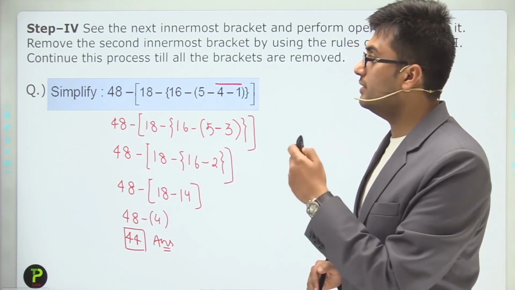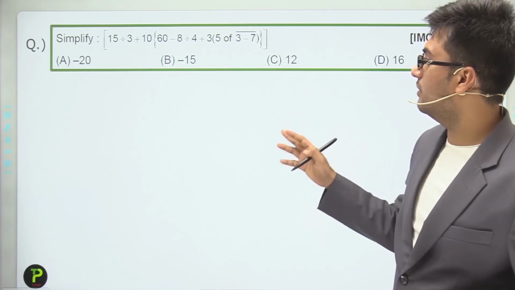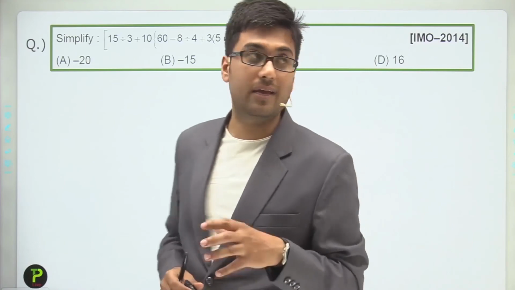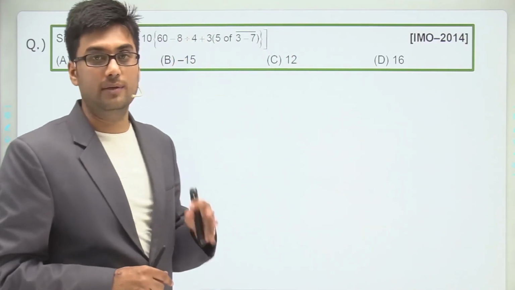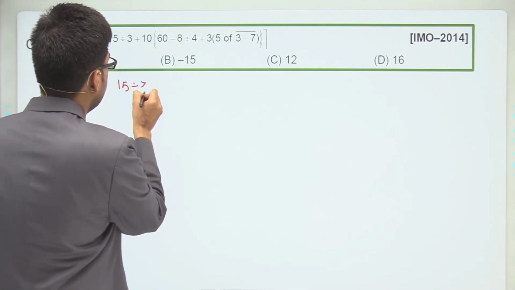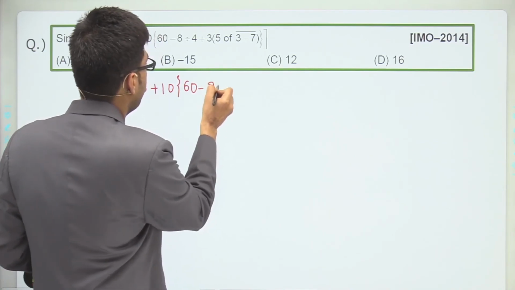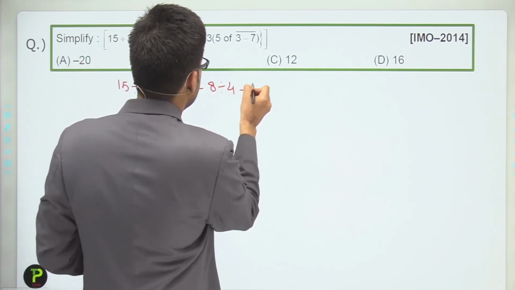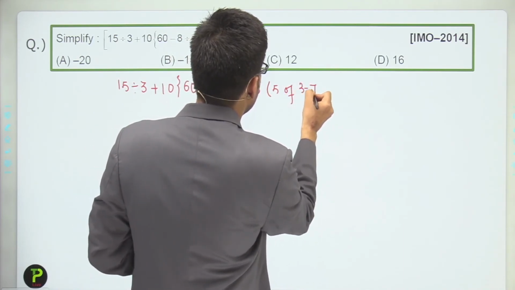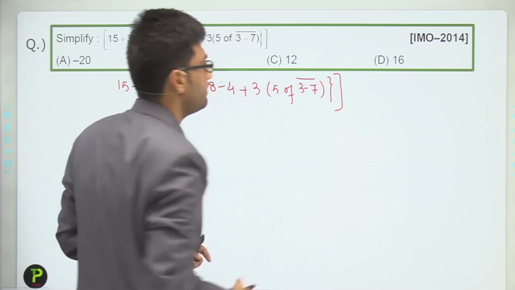So now after this, let's move to the next, and the next is what? Next is again a question of simplification, and this question was asked in IMO 2014. So here we have 15 divided by 3 plus 10, times 60 minus 8 divided by 4 plus 3, 5 of 3 minus 7, and above it a vinculum.